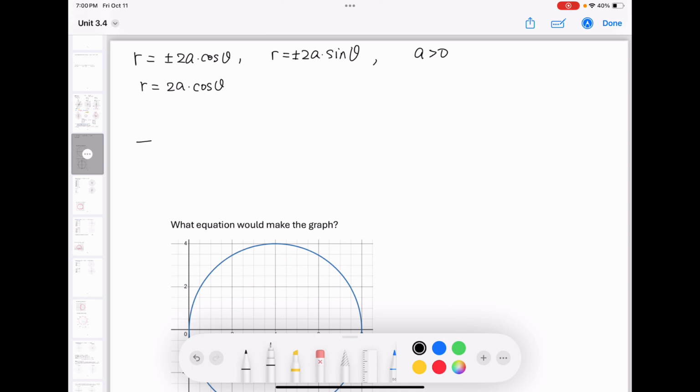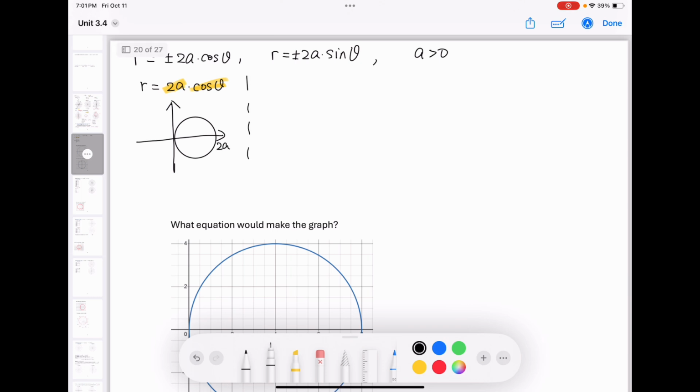How to graph it? For example, I have the xy coordinate plane, the polar coordinate plane, and here we identify that it is multiplied by cosine theta. So my circle is on the x-axis, and in front is positive 2a, so my circle is on the positive x-axis, and the radius is 2a.